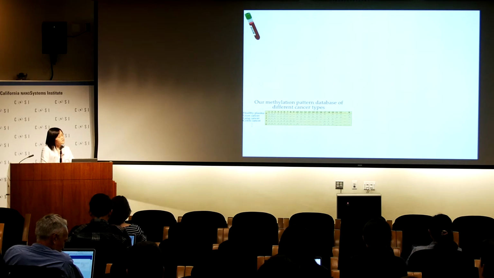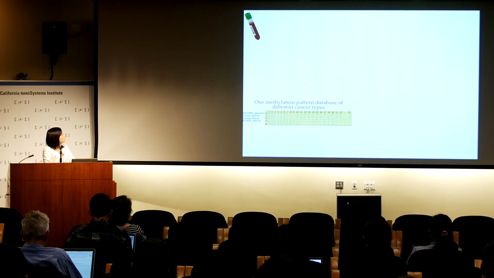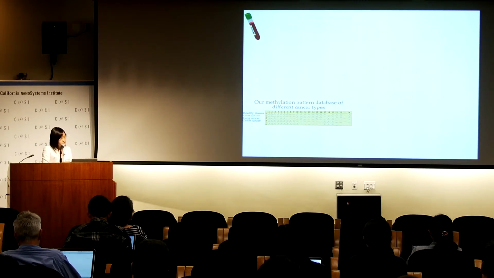So here's the input of the method. We already learned all the methylation features for different tumor types and for healthy plasmas. Given the patient blood, the first thing we do is generate whole genome bisulfite sequencing data.